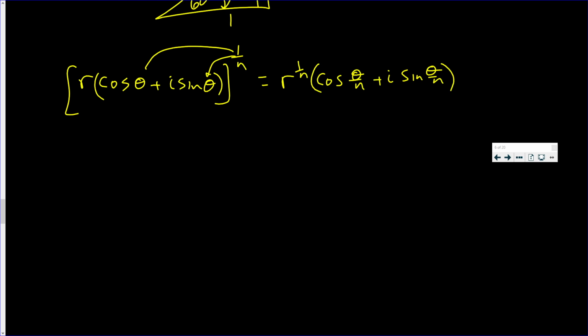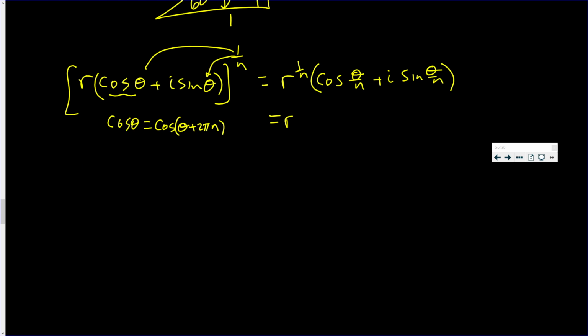But now we need to be careful, or I guess, clever. Remember that cosine of theta does equal the cosine of theta plus any integer multiple of 2 pi.